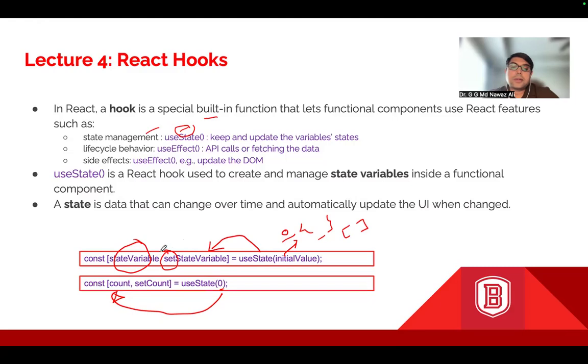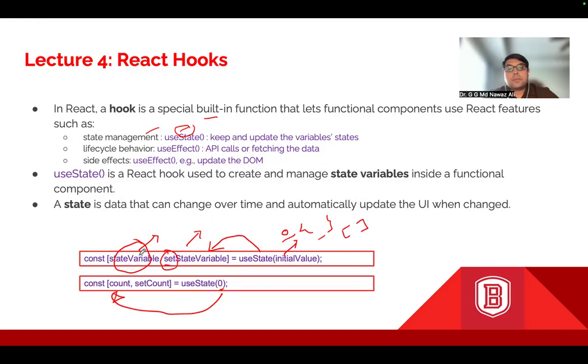These are user-defined names, so you can define whatever you want, but that's what React developers usually use: the function name starts with set and then the variable name. Okay, and then you basically destructure the useState result into a variable and then the function.